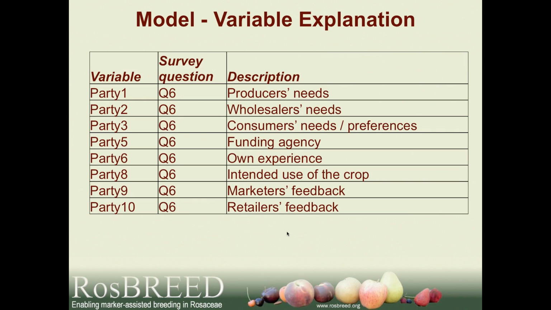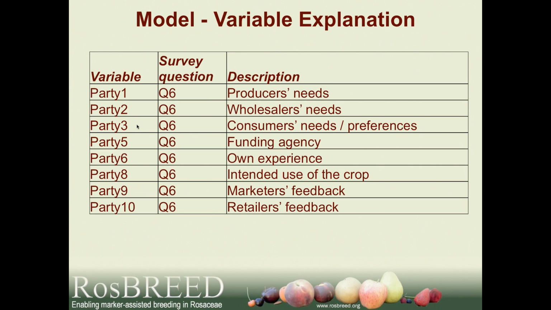To make it clear, here we provide the variable details. All the parties come from survey question 6. The detailed description is here. Party 1 represents the producers' needs. Party 2 represents wholesalers' needs.